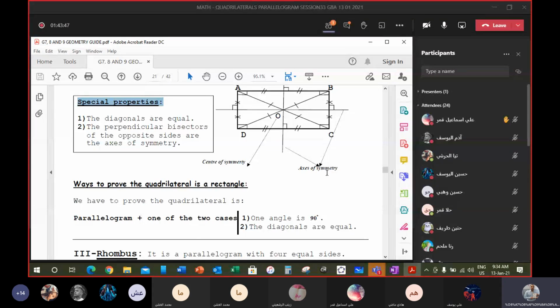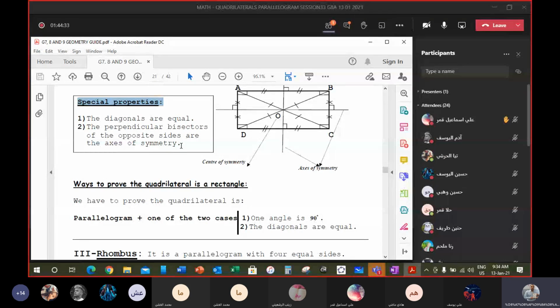In the rectangle the diagonals are equal and the perpendicular bisectors of the opposite sides are axes of symmetry. To prove a quadrilateral is a rectangle, first prove it is a parallelogram. For example, prove in a quadrilateral that one pair of opposite sides are parallel and equal, it becomes a parallelogram.